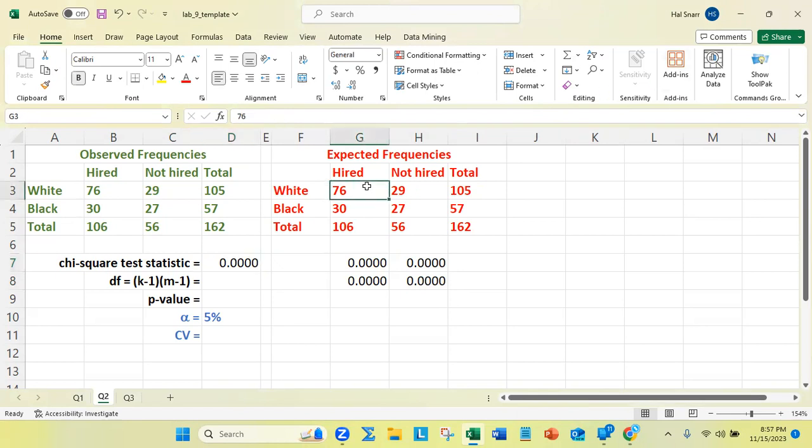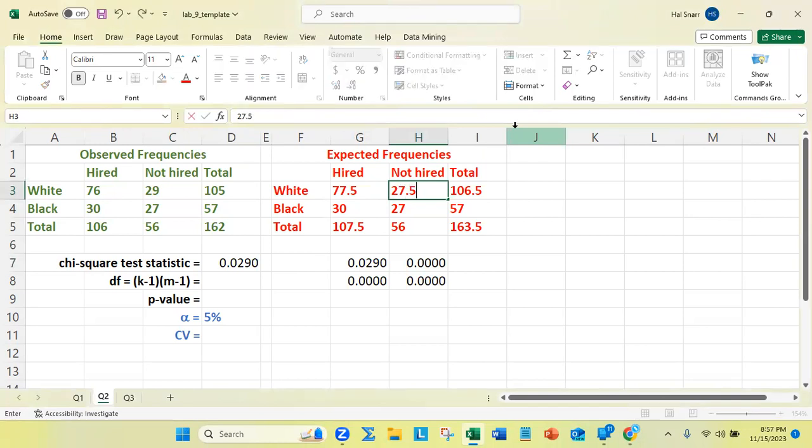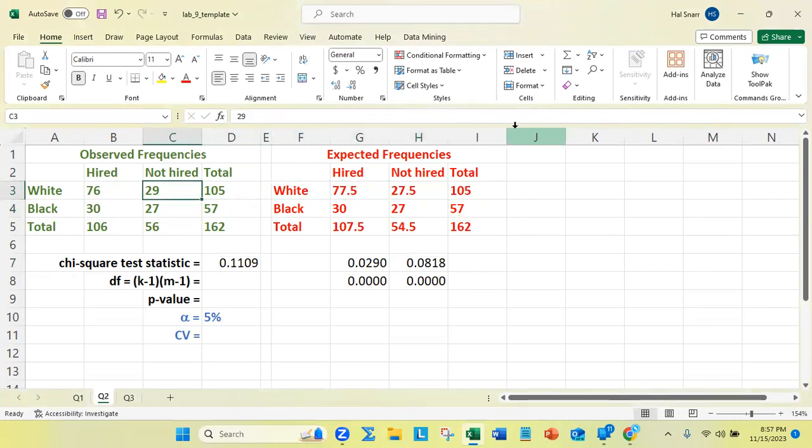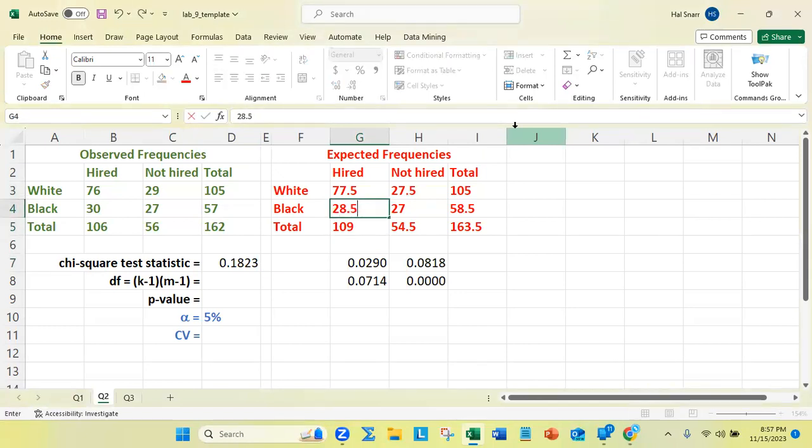Now, if we had expected 77.5, right, and we observed 76, or we expected 27.5 and observed 29, and then expected 31.5, call this 28.5.